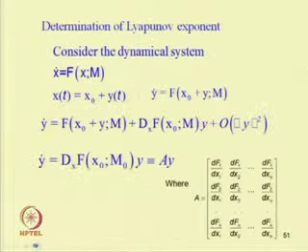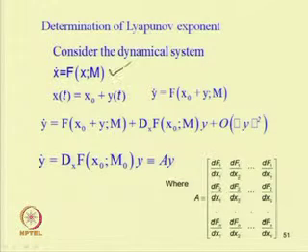So, let us now see how to determine this Lyapunov exponent. Let us have a dynamical system which is defined by this equation x dot equal to f(x, mu). For an autonomous system it can be defined in this way. For a non-autonomous system, one can write the equation by adding one more variable or one more equation.